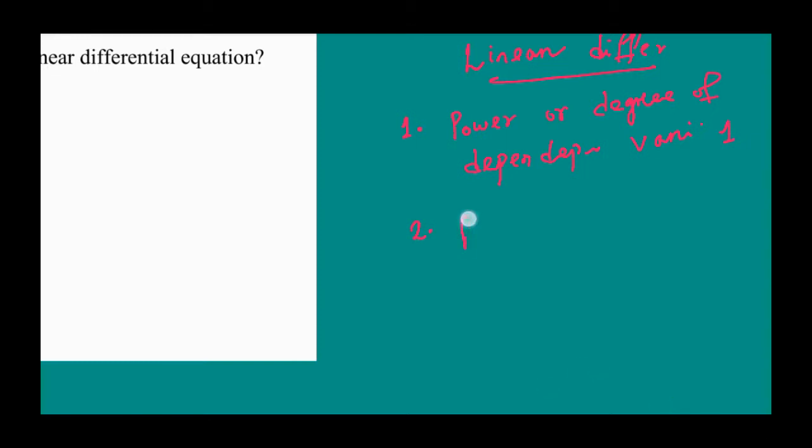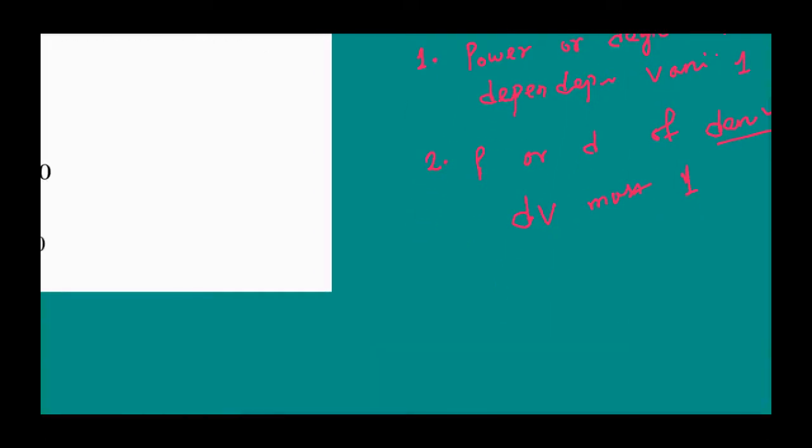That is, power or degree of derivative of the dependent variable must be 1. Third one is product of dependent variable and its derivative should not occur.